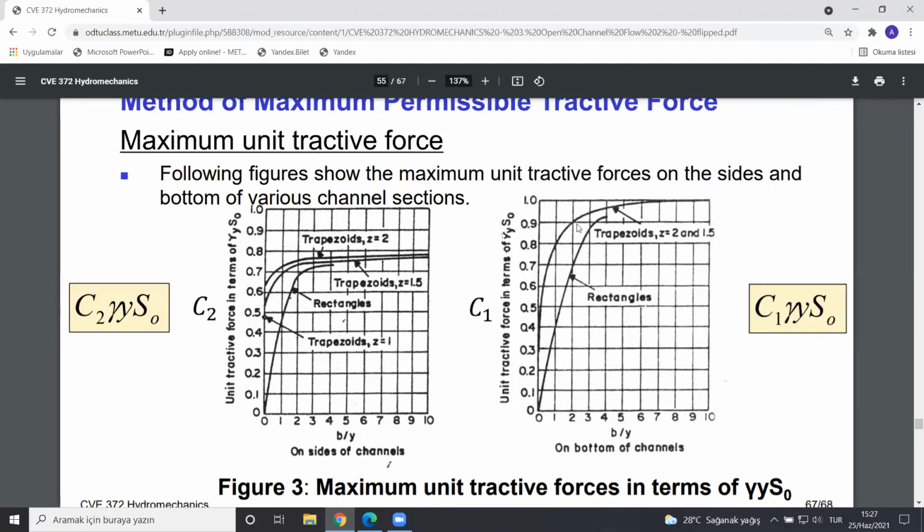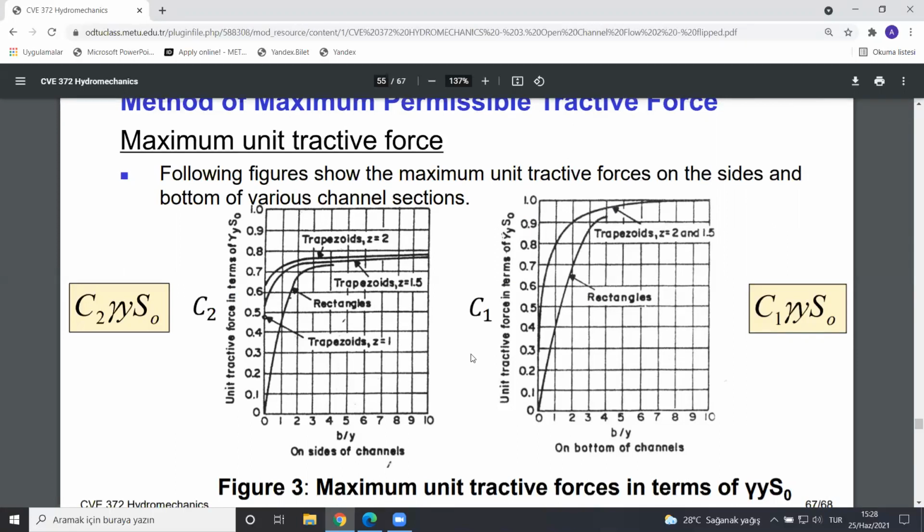So we have a trapezoidal channel, so we are going to be looking at the curve on the top, and our B over Y ratio was 4. I'm going to the trapezoidal channel curve, and again I'm reading my C1 value from the y-axis. Reading by eye, in my opinion it's like 0.96 or something like that.